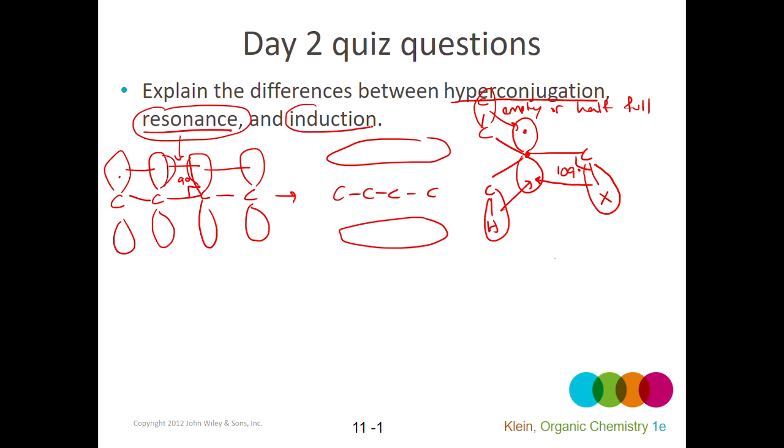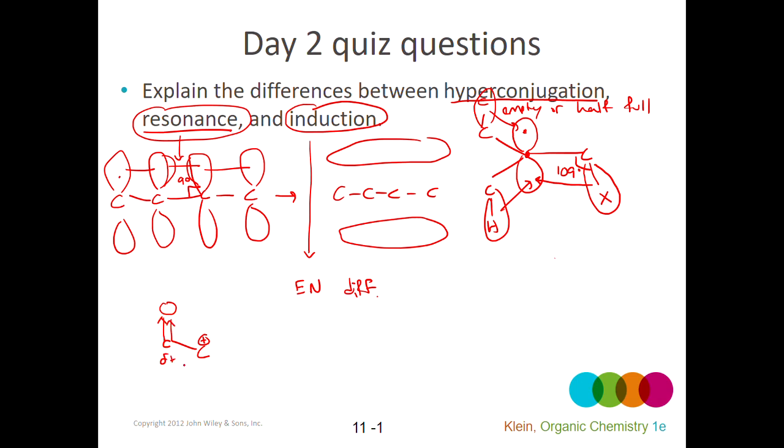We didn't really talk about induction because induction isn't really relevant for free radicals, but it is relevant for charges. So if you recall, induction has to do usually with electronegativity differences between atoms. So for example, if I have a carbocation and maybe there's a CO double bond nearby, well, through induction, we know oxygen's more electronegative than carbon, and so oxygen attracts electrons, creating a partial positive.